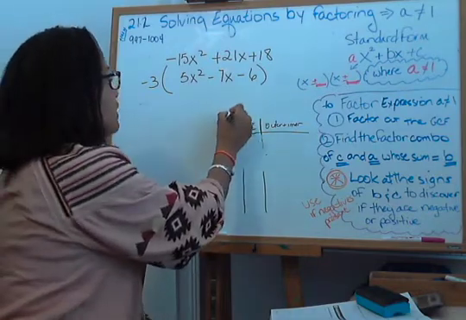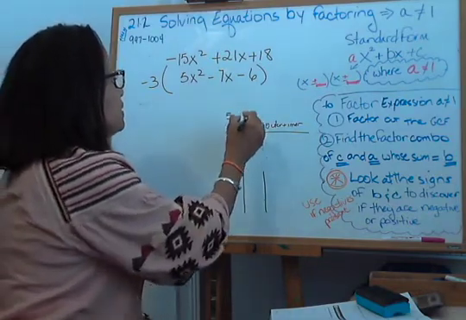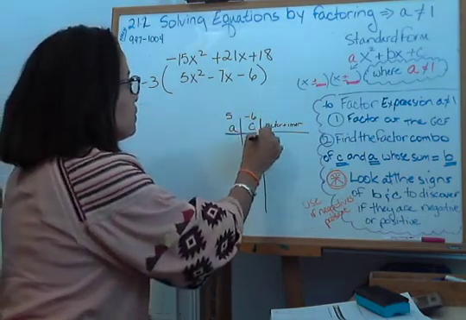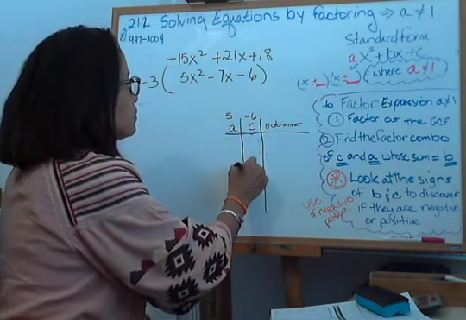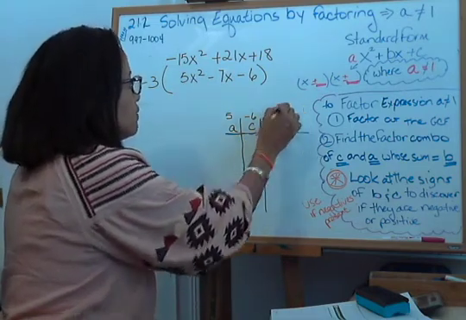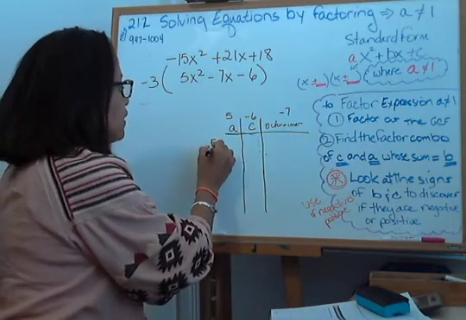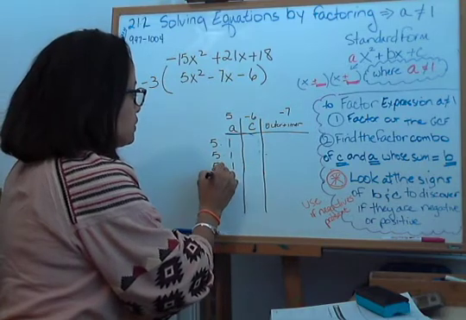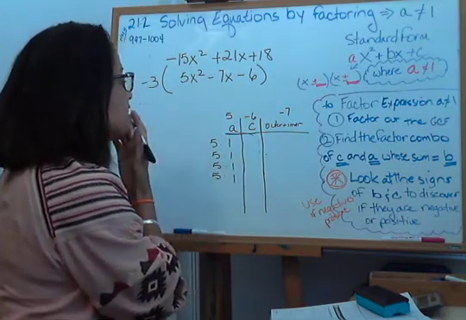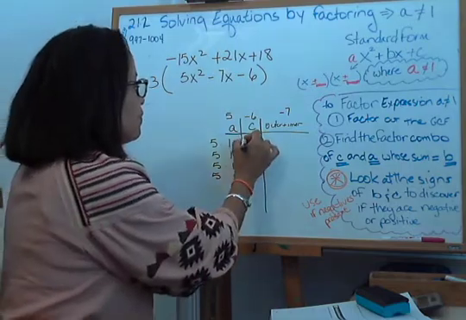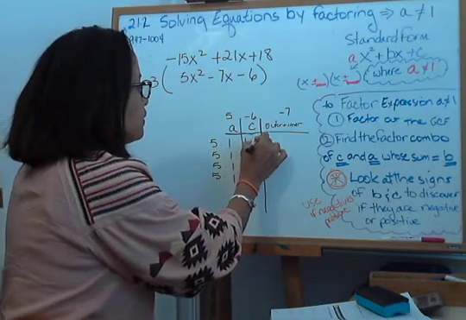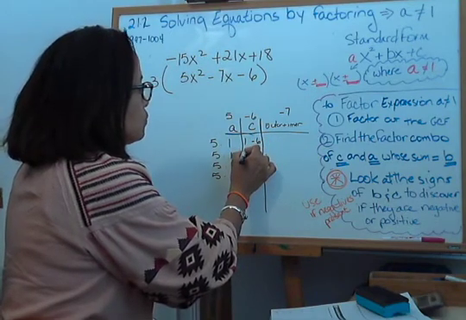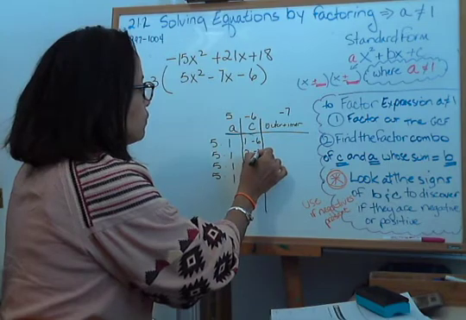So I know my A is 5. I know my C is negative 6. And I know added up together, I need to get an answer of negative 7. So for 5, I have 5 times 1. It's always the same because it's a prime number. But what about 6? Well, for 6, I have 1 and negative 6, and I have 2 times negative 3.